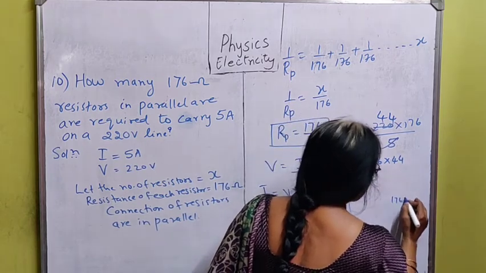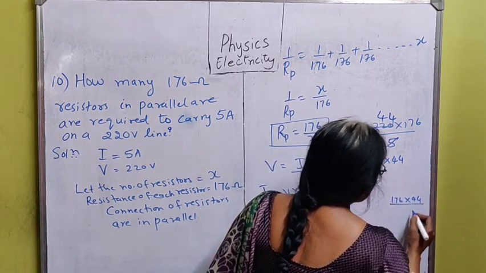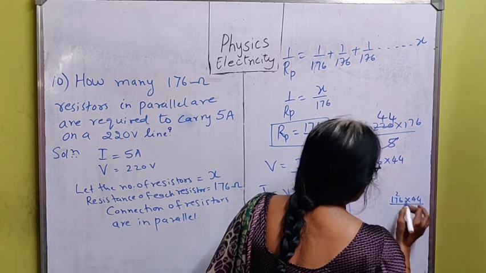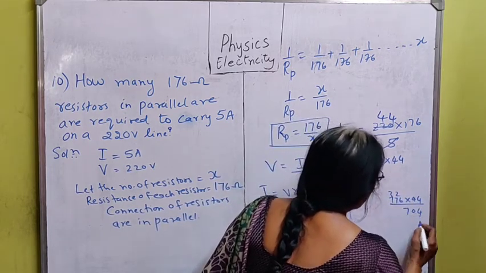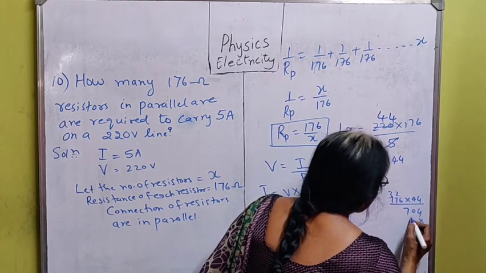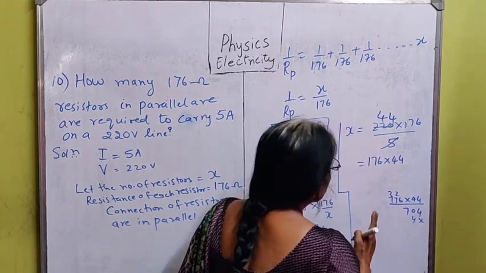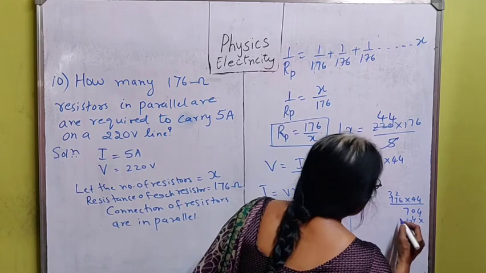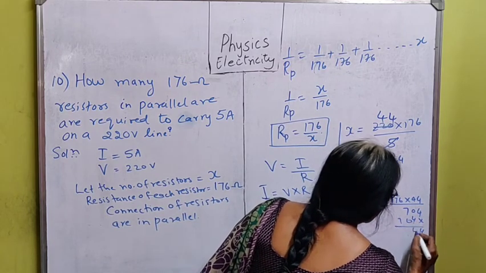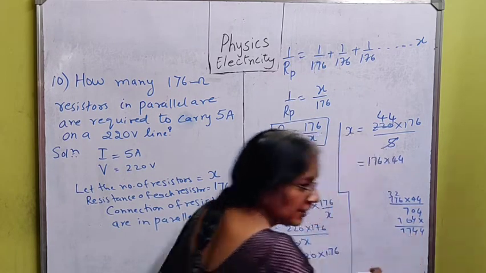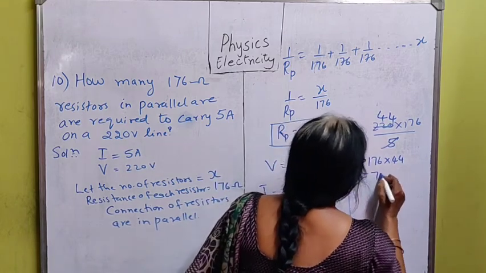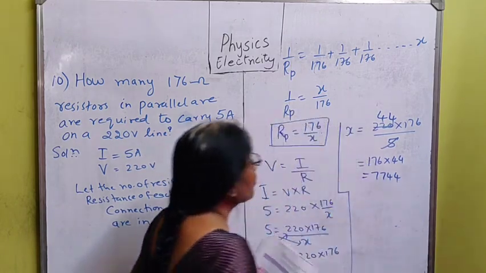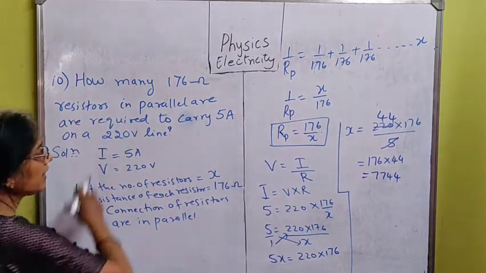Let us see how much it is. 6 fours are 24, carry 2, 4 sevens are 28, plus 2 is 30, 0, carry 3, 4 ones are 4 plus 3, 7. So 7744. So x is equal to 7744. So this many resistors are to be added, then you will get the answer.